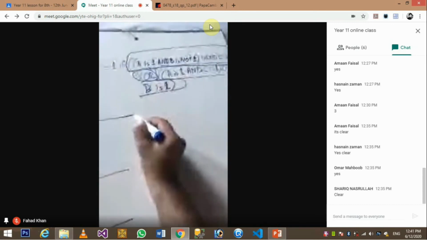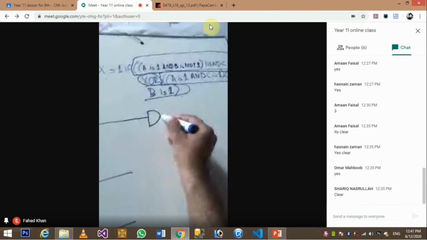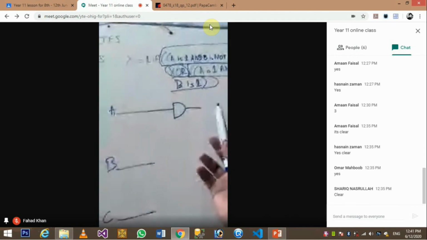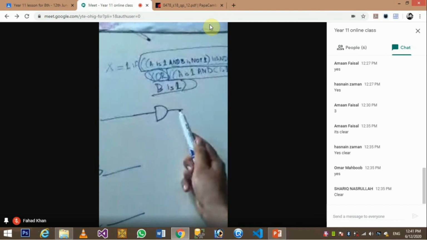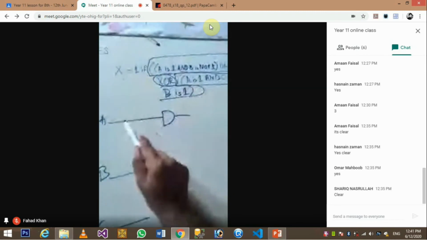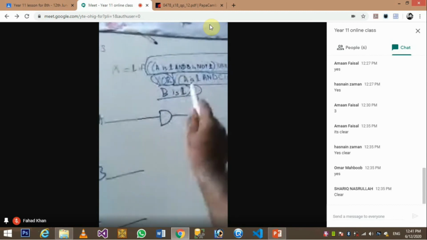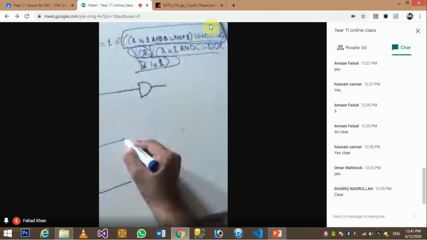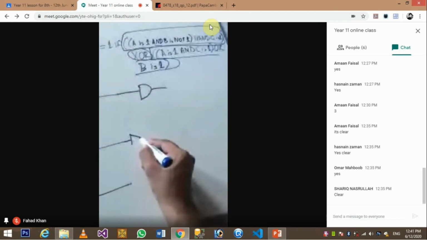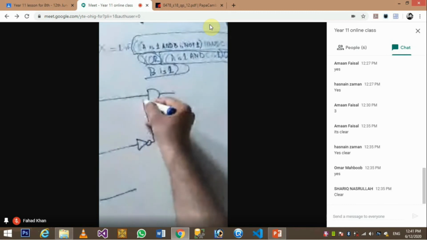A is directly connected to the AND gate. A is simply 1, AND, which is connected with the AND gate. B is not 1, so B goes through a NOT gate, and here would be connected with this.